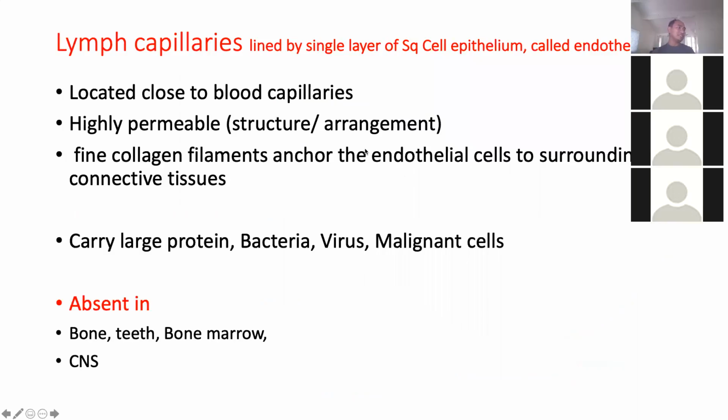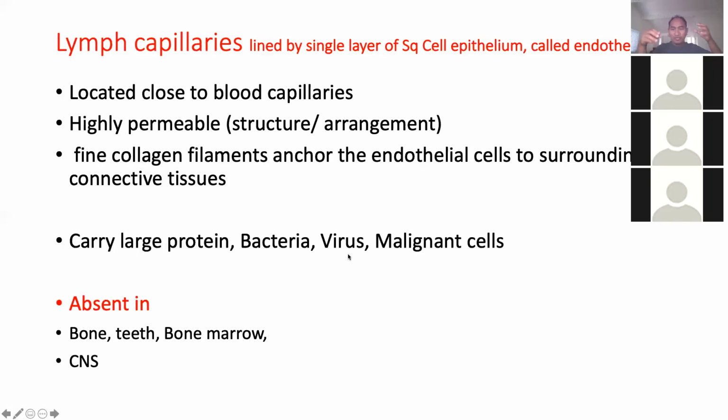So lymphatic capillaries are lined by the simple squamous epithelium called endothelium, not a big thing, located close to the blood capillaries. Yes, they are all meshed up with the blood capillaries. They are highly permeable. And fine collagen filaments, those little filaments, anchor the endothelial cell to the surrounding connective tissue. Lymphatic capillaries carry large protein, bacteria, virus, malignant cell.